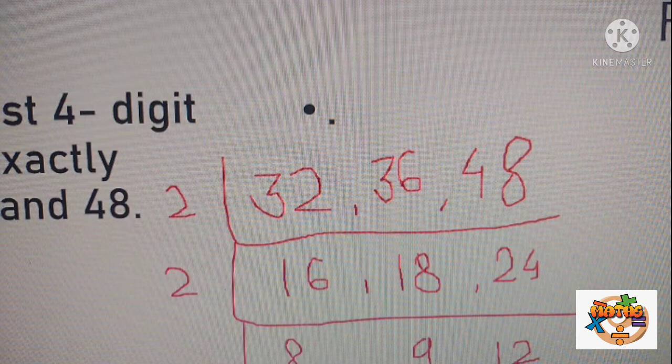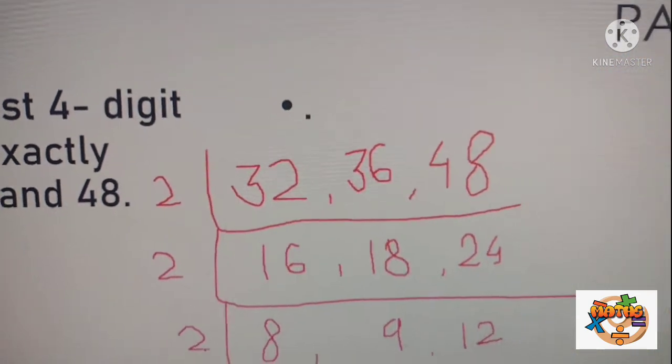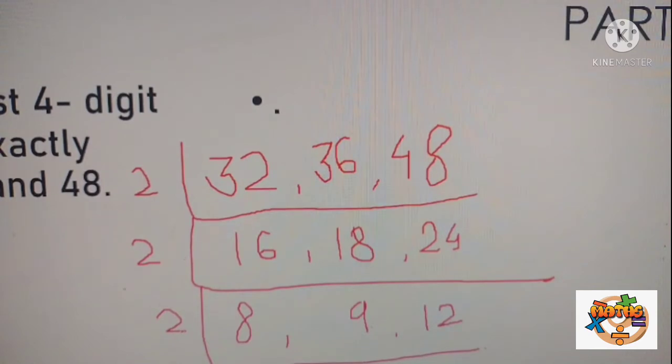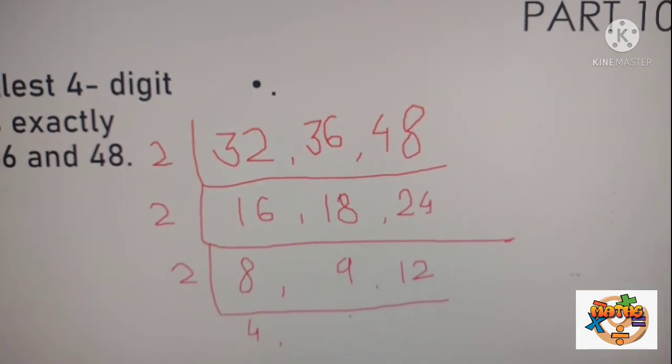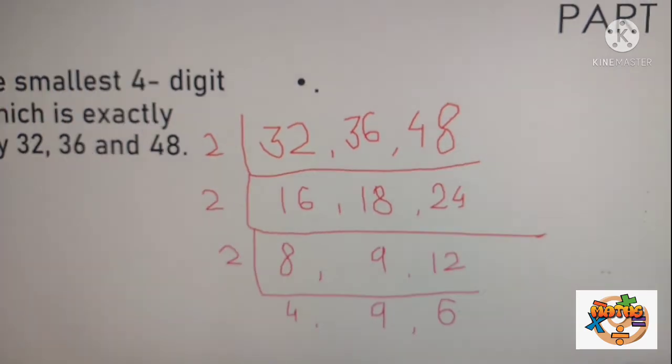Now 8 and 12 are divisible by 2. So let's divide. So 2 into 4 is 8. 9 is not divisible. Copy it as it is. And 12 is divisible by 2. Quotient is 6. Again the same situation.